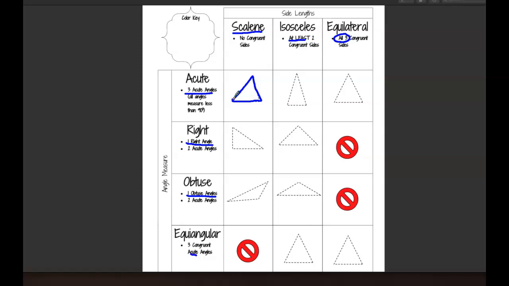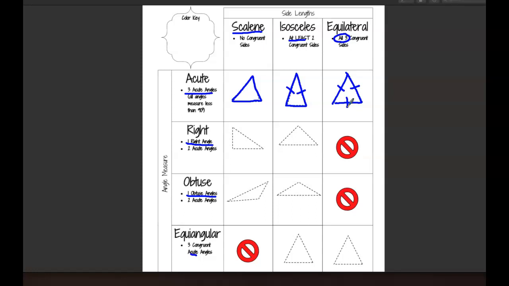Now, if I have an isosceles triangle, which means two of the sides are congruent, so let's add in two tick marks. And all three of my angles are still less than 90, therefore it is an acute isosceles triangle. And then my equilateral triangle, I have all three sides are equal, and again, all three angles are less than 90 degrees.